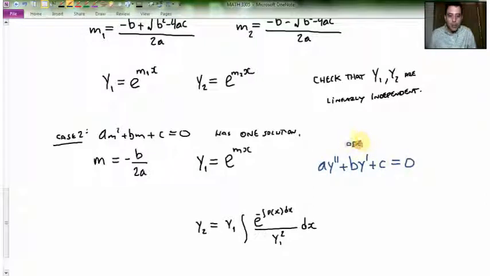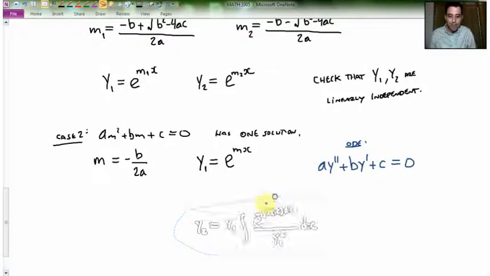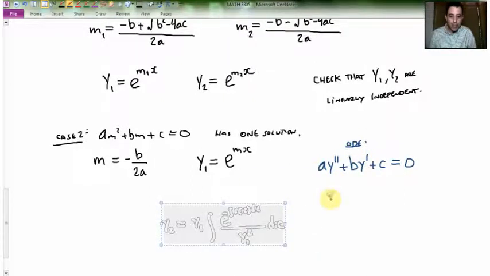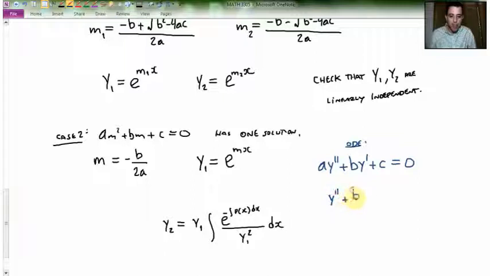So that's the ODE. So I need to get rid of this a here, or make that equal to 1. So I divide both sides by a. So this is your p of x, okay?